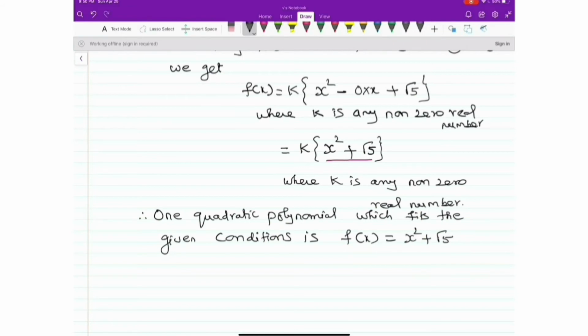Finally, you have to write your answer as answer. Just rewrite the same statement.